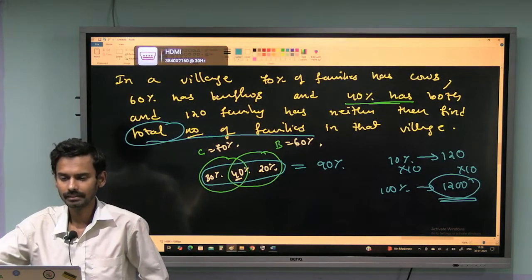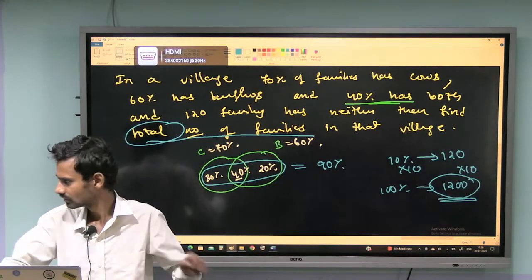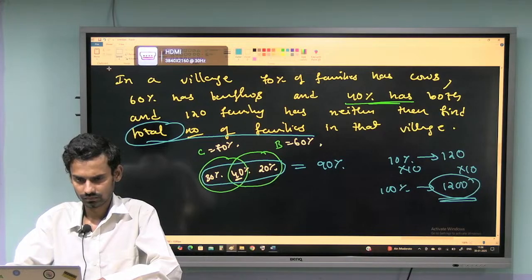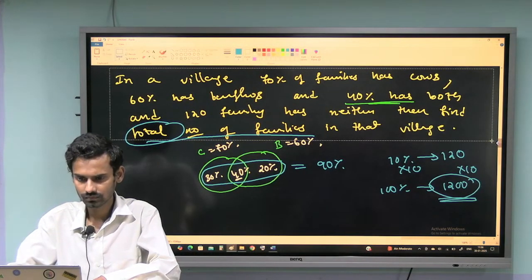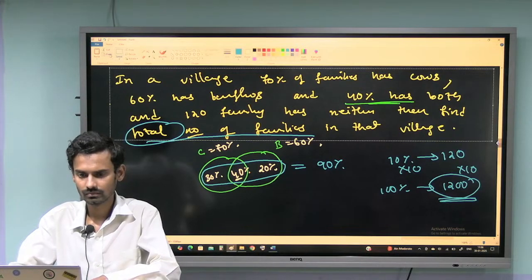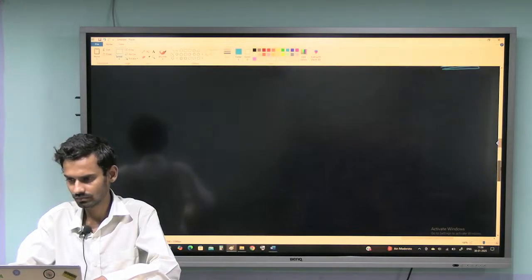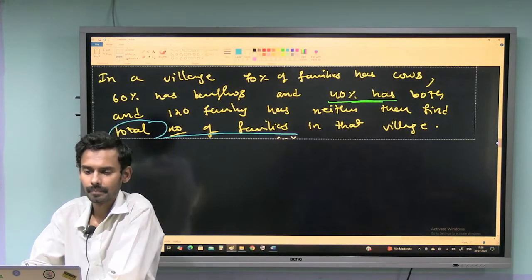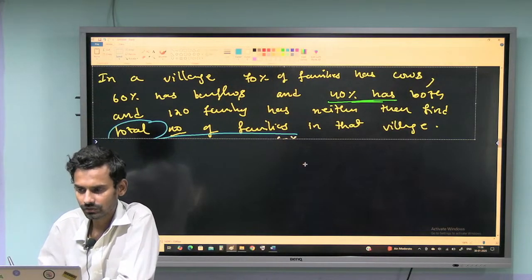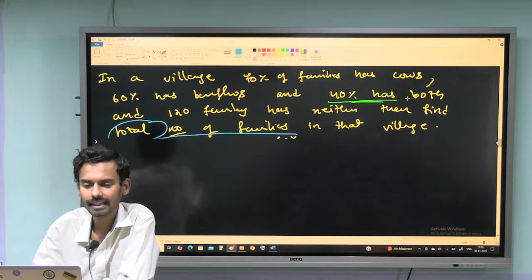Okay, let me explain once again. So this was my question. In a village, 70% of the families has cow, 60% has buffalo, and 40% has both, and 120 families has neither.